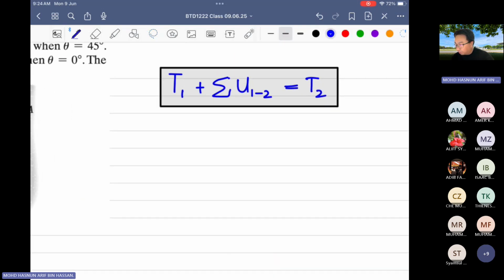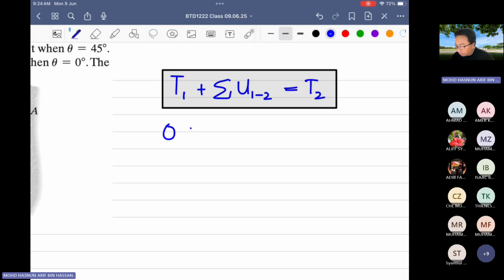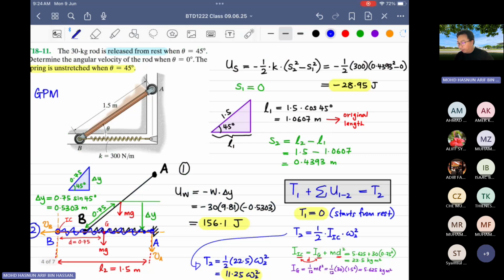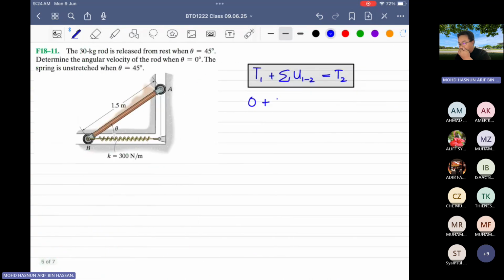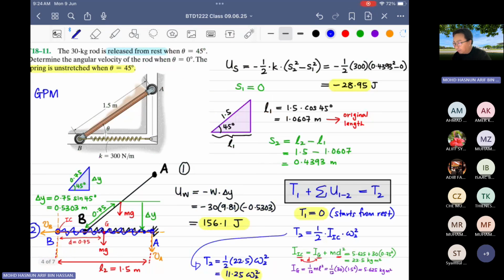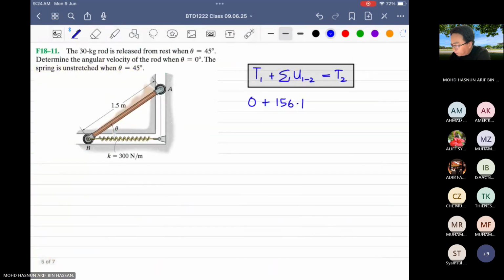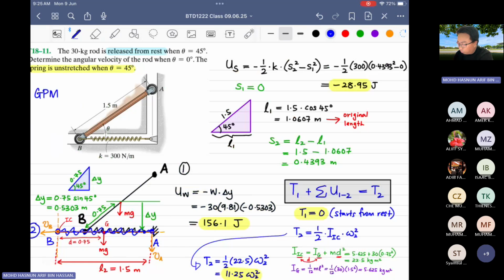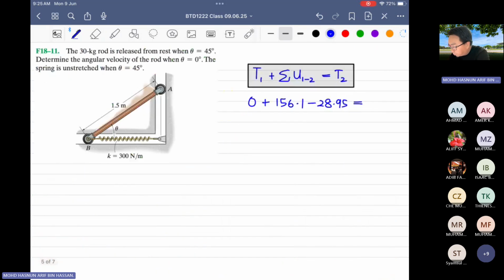So we can substitute T1 is equal to 0 plus, all right, work done, we have 156.1 joule, and then we have minus 28.95, that is the total work done, is equal to T2 is 11.25 omega 2 square. Okay, 11.25 omega 2 square.